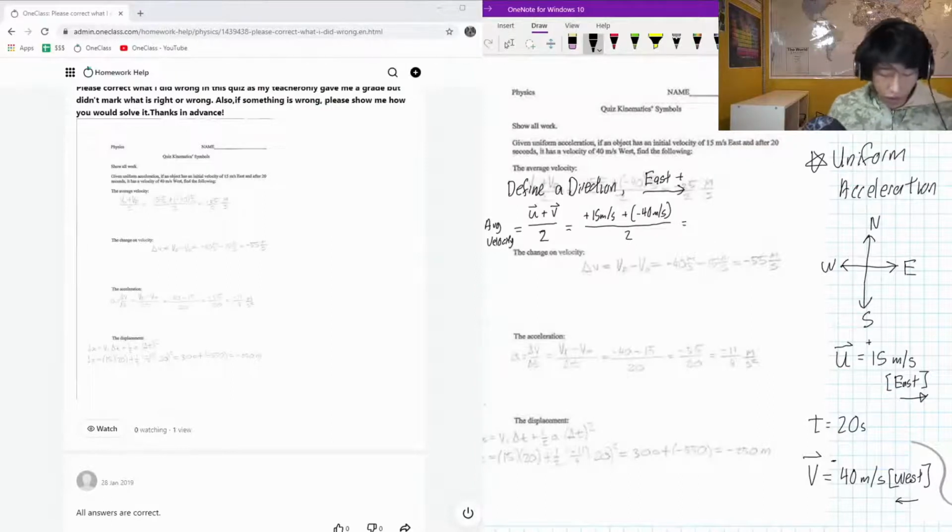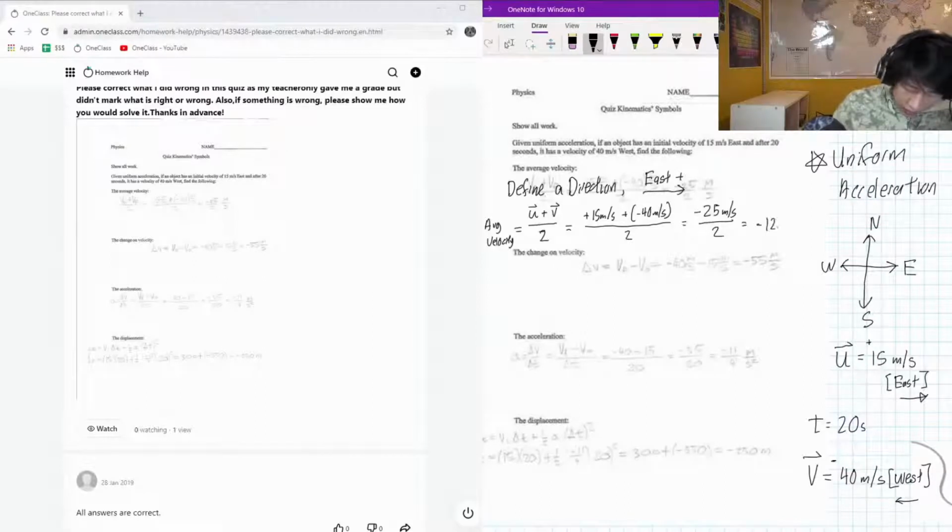Okay, so I know that's going to be negative 25 over 2. That negative is extremely important. Meters per second over 2, and that translates to negative 12.5 meters per second. And it might be even better to write that this is towards the west.